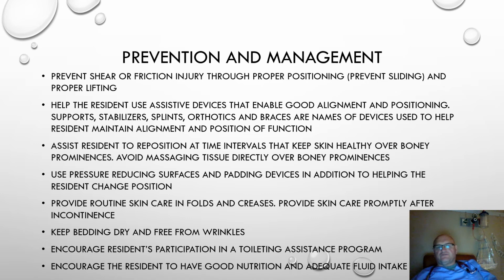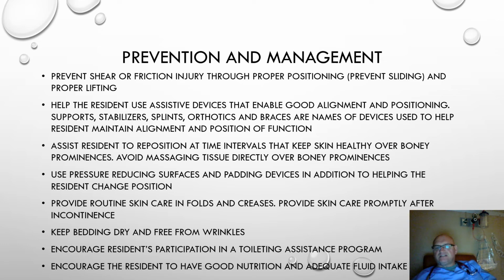Prevent shear or friction injury through proper positioning, preventing sliding, and proper lifting. Help the resident use assistive devices that enable good alignment and positioning. Supports, stabilizers, splints, orthotics, and braces are names of devices used to help maintain alignment and position of function. Assist the resident to reposition at time intervals that keep the skin healthy over bony prominences.